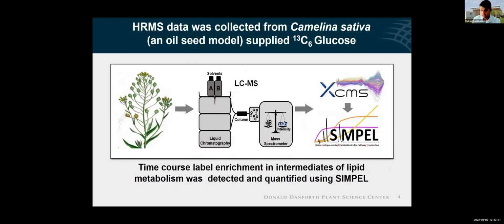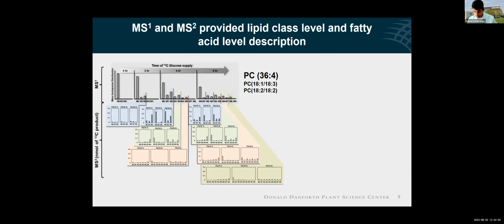Right, as an example, I demonstrate here the use of our tool in understanding plant lipid metabolism using an oilseed model, Camelina sativa, that is labeled with 13C, and then we perform LCMS and use our tool Simple to extract the isotopic labels and analyze the data.